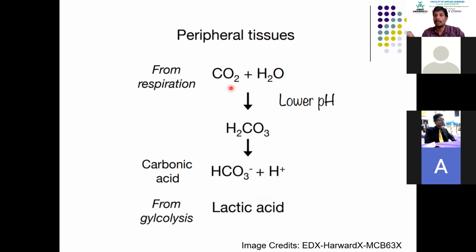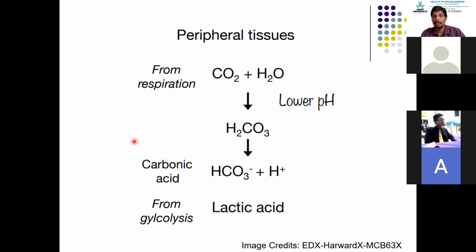Even in the Krebs cycle, or citric acid cycle, carbon dioxide will be released. All this carbon dioxide mixes with water and makes the pH lower because carbonic acid will be formed, or lactic acid also will be formed in anaerobic conditions.